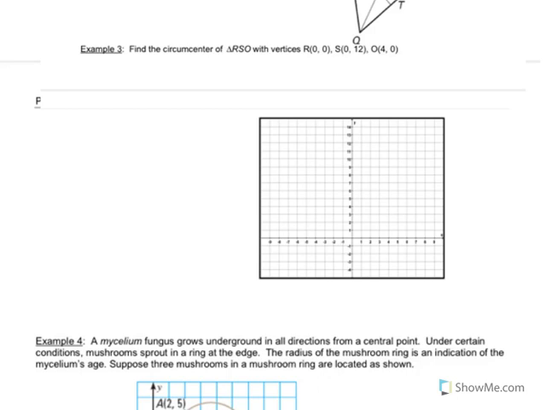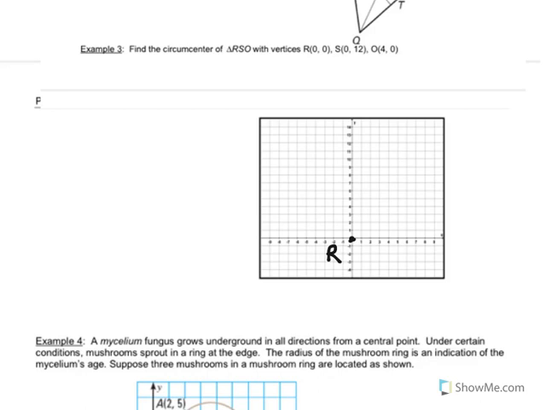Okay, so we need to find the circumcenter of triangle RSO with vertices 0, 0, 0, 12, and 4, 0. So let's go ahead and plot these points. So R is at 0, 0, which is the origin right here. S is at 0, 12.